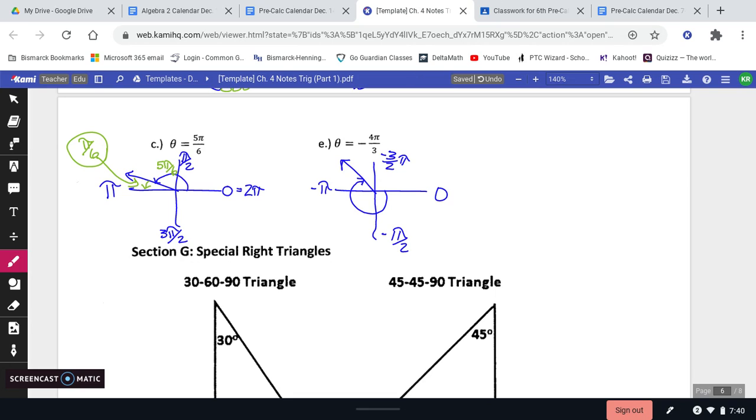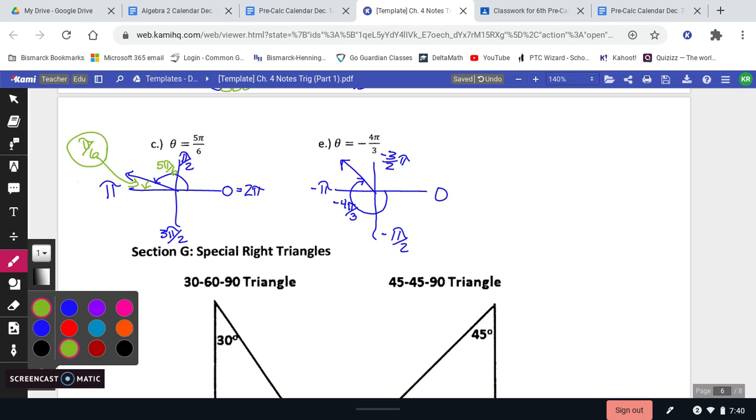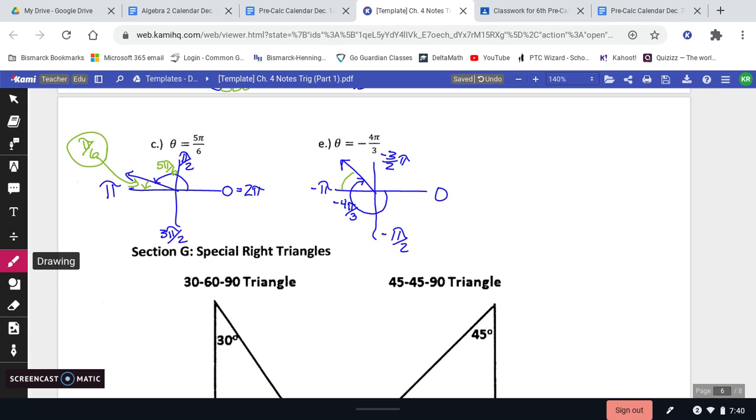So I'm going clockwise. So this is a negative 4 pi over 3. Your closest x-axis is traveling back to negative pi. So the difference between 4 pi over 3 and pi is a pi over 3. Okay, it's a 1/3 pi.